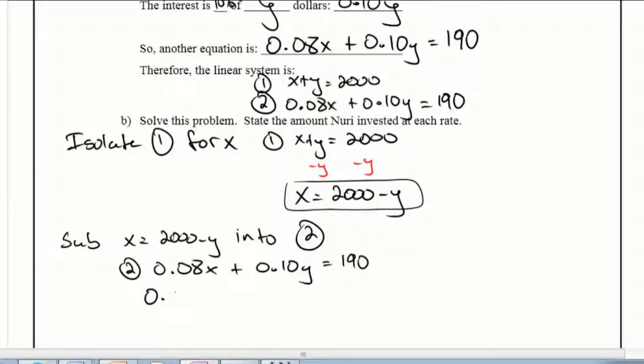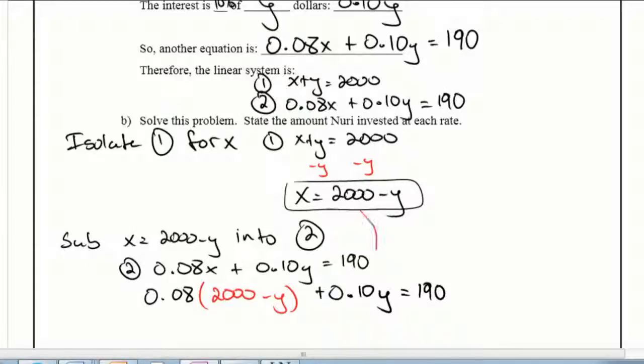So I'm going to get 0.08, but I'm not going to put the x here because I'm going to substitute 2,000 minus y in for the x. Just rewrite everything else. 0.10y is 190. So I've taken the fact that x is equal to 2,000 minus y, and I've substituted it into my second equation.